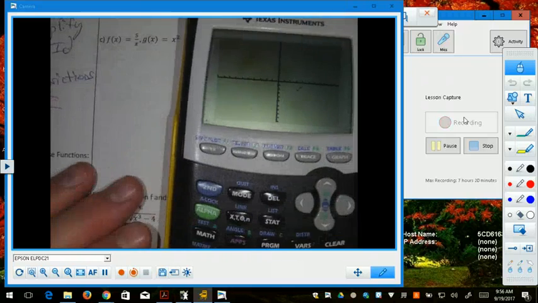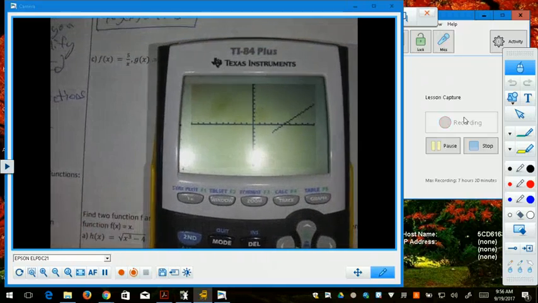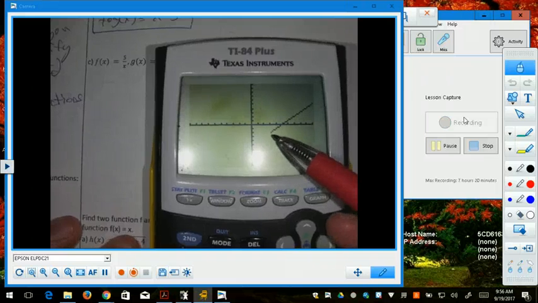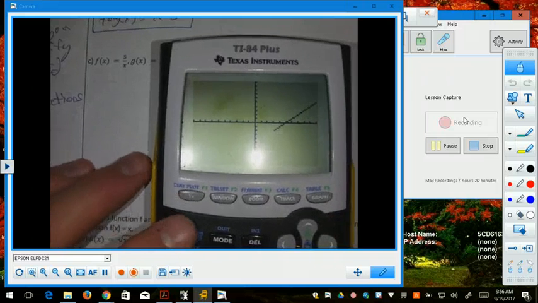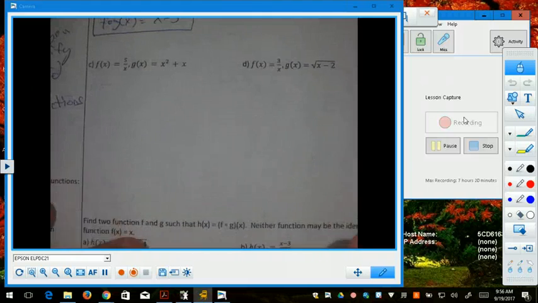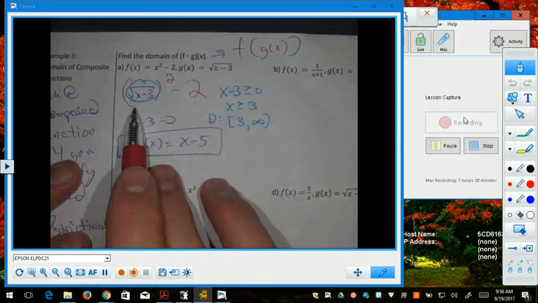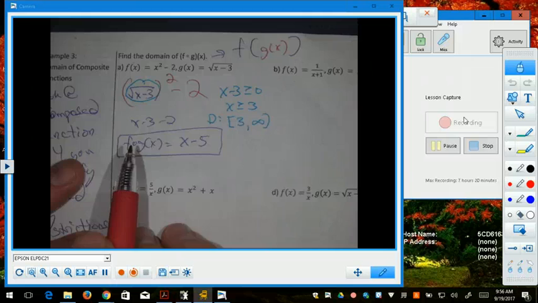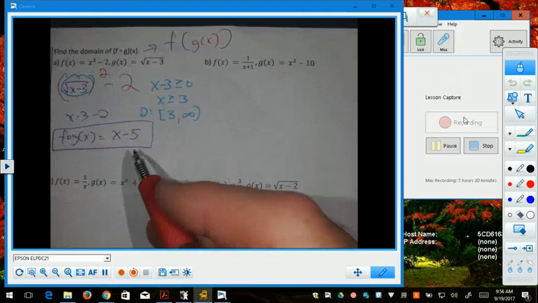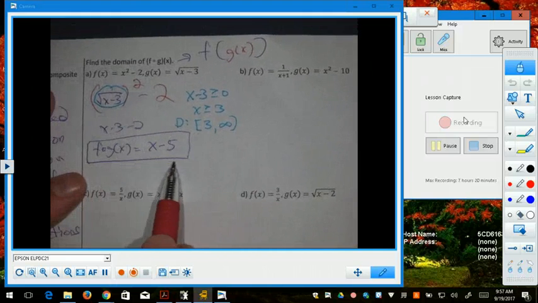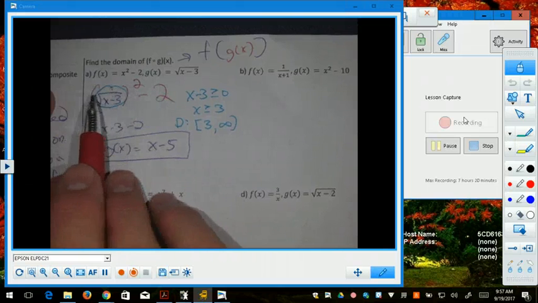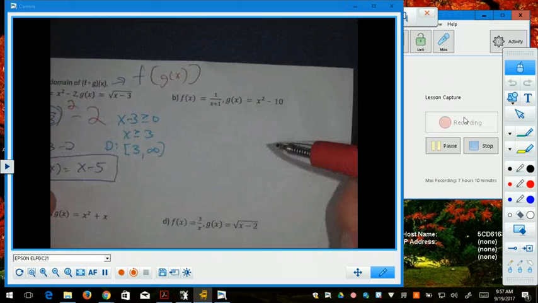And now when I hit graph, instead of seeing that full line, you can see right there that it starts where x equals 3, our first x value on that graph, the first part of our domain. So whenever you plug a function into another one, before you do any simplifying, look to see if there are any domain restrictions. And then look again at the end. At the end, there's nothing, so everything that happened here is my domain restriction.